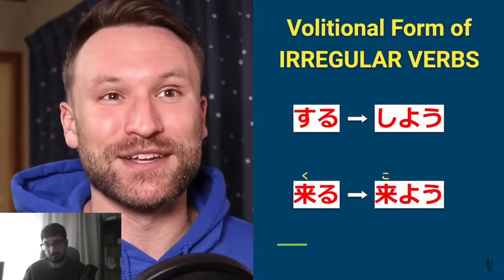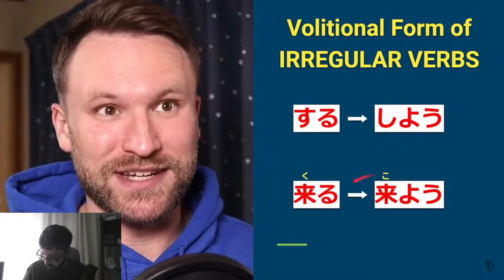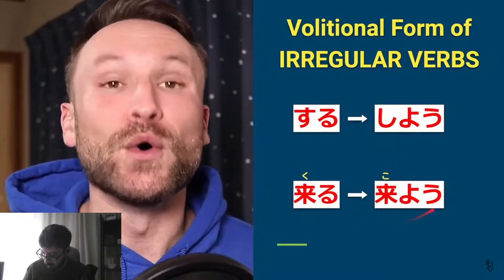There are these irregular verbs. They're always irregular verbs: suru and kuru. Suru becomes shiyo, so you have to change everything. Kuru becomes koyo, so you have to be careful.